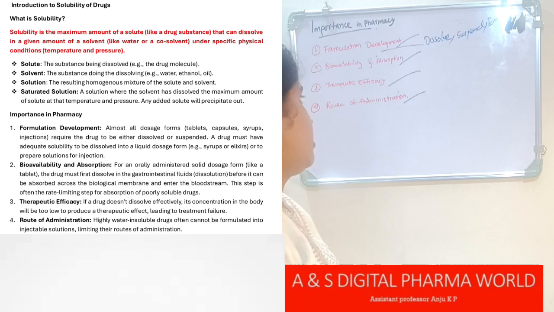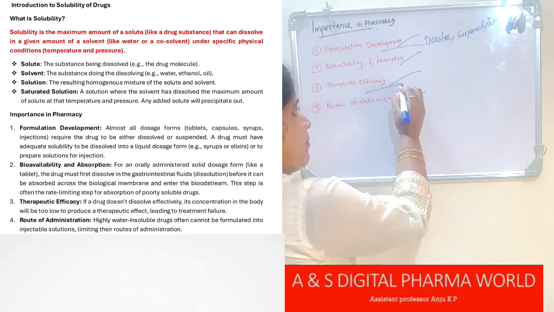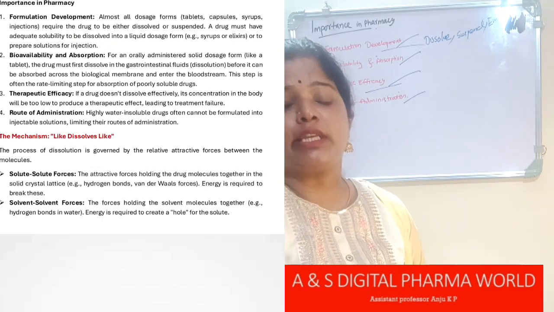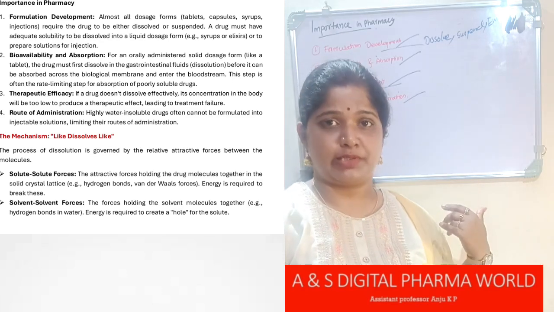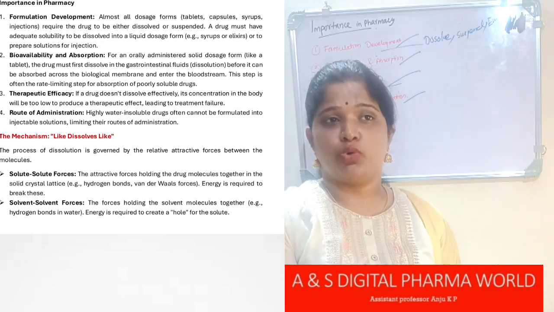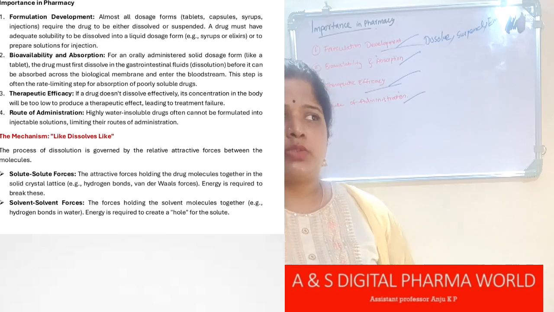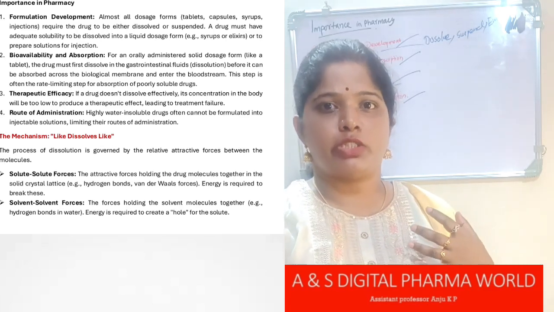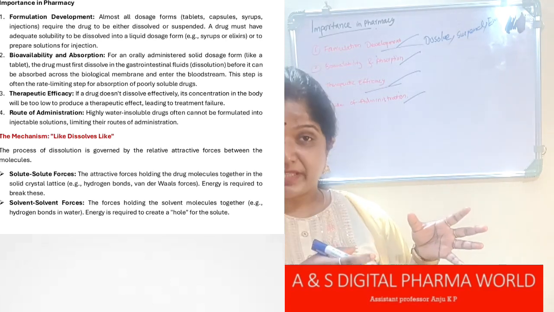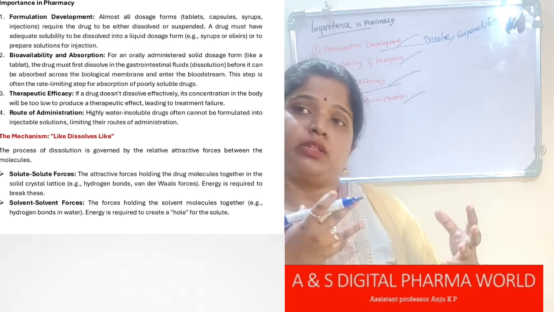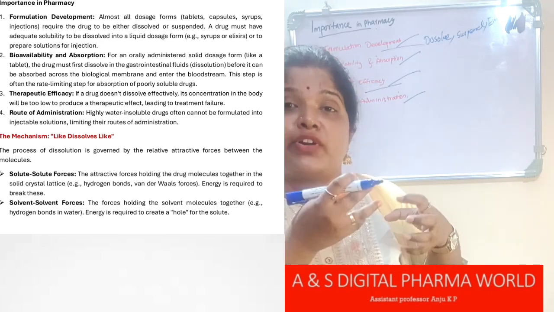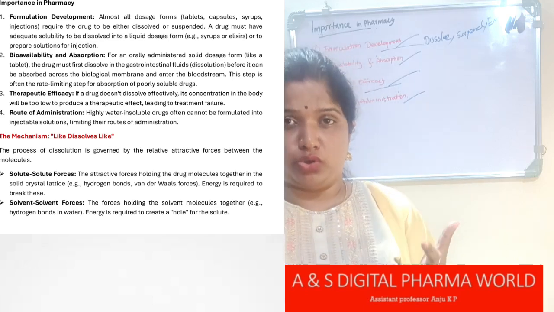Okay, so next is therapeutic efficacy. In the case of therapeutic efficacy, for example, as we discussed now, if the drug is poorly water soluble, we don't know how much will be available, the concentration may also vary, so we can't predict how effective the therapeutic efficacy will be or not.